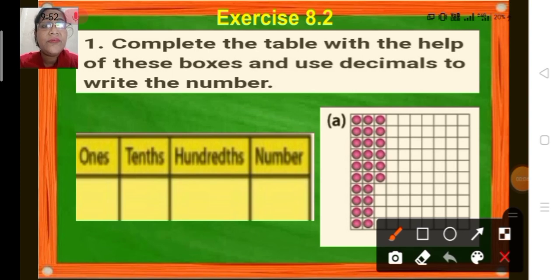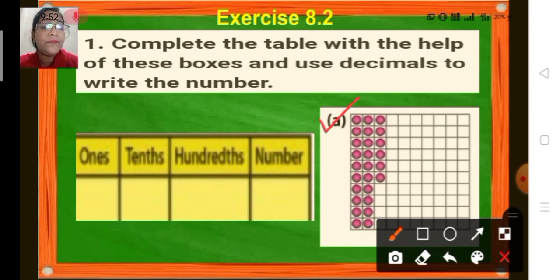We will solve exercise 8.2. In that, the first question is complete the table with the help of the given boxes and use the decimals to write the number. In the first sub question A, we are given a box which contains 100 squares, out of which 26 squares are shown by dots.